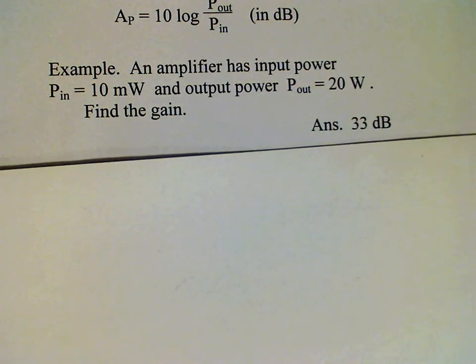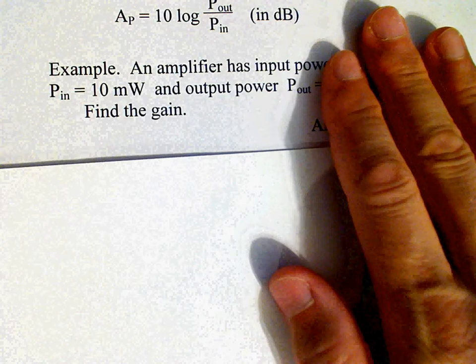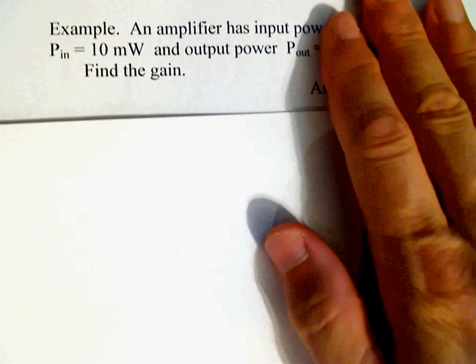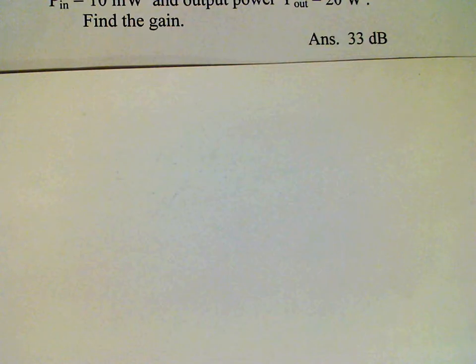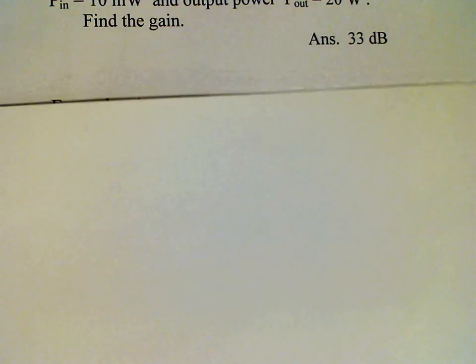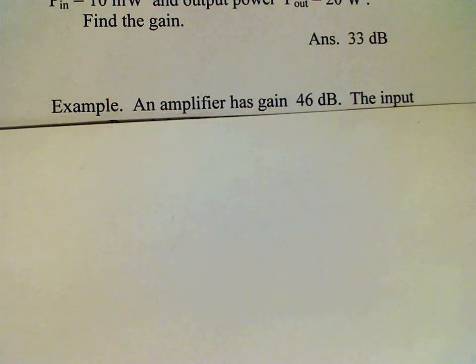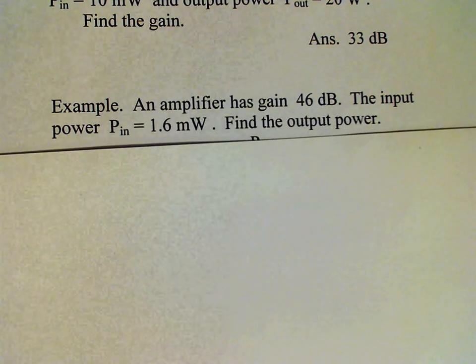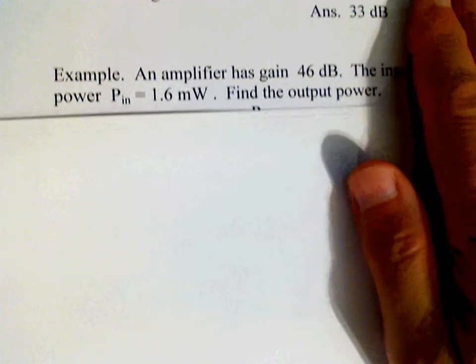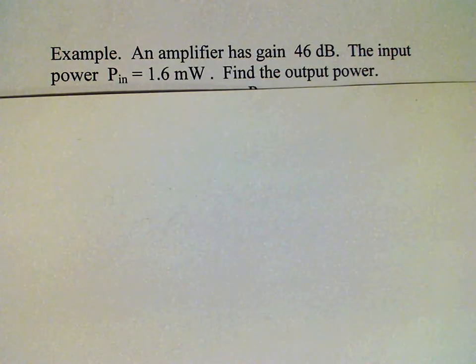Now, of course, we could rearrange this formula if we need to calculate the output power or the input power. So, for example, we have an amplifier given with gain 46 decibels, and we're given an input power 1.6 milliwatts, and we need to find the output power.